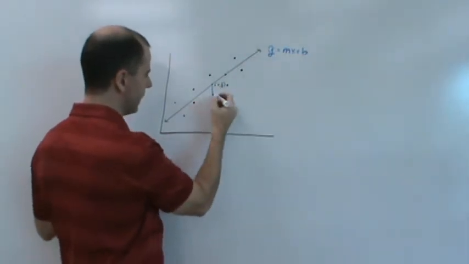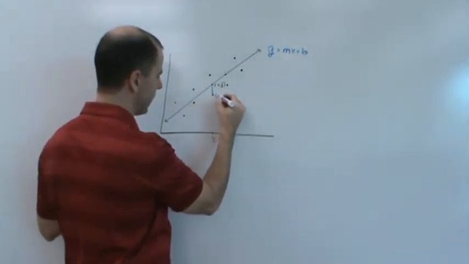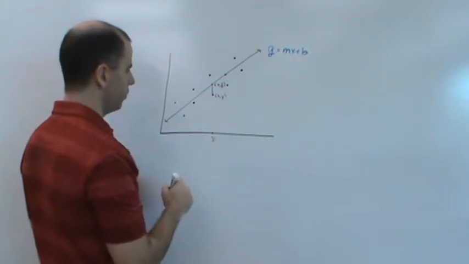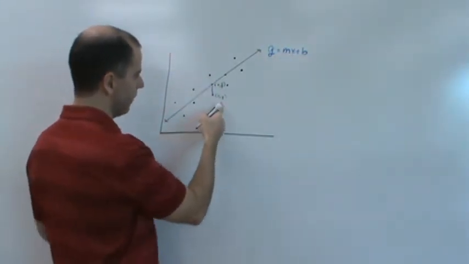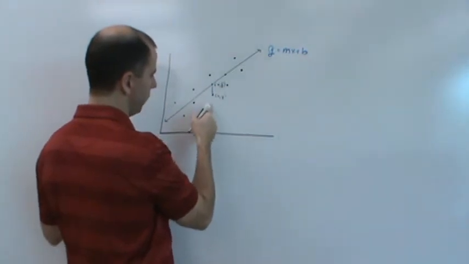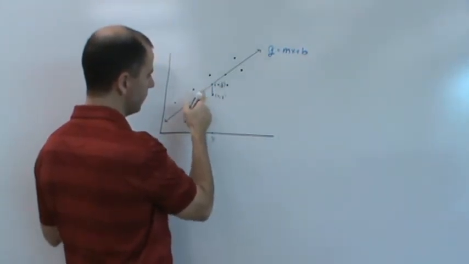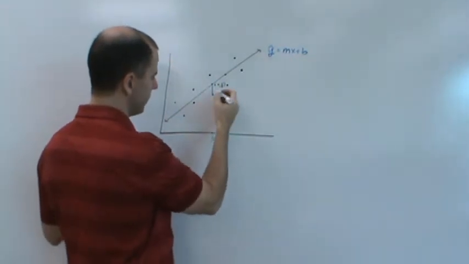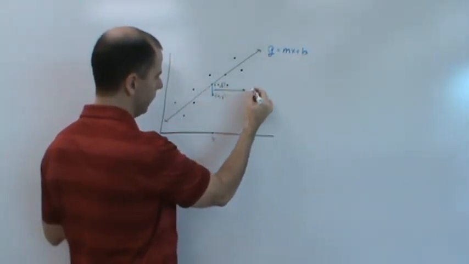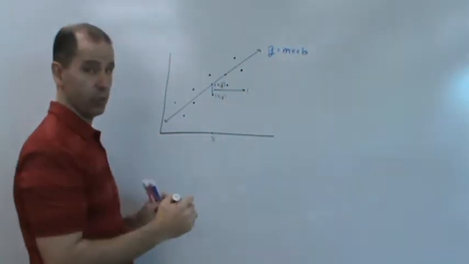Now, this dot is the observed value, so that's going to be x comma y. So this vertical distance is the difference from what? The observed value minus the predicted value. This distance here is what we call the residual.